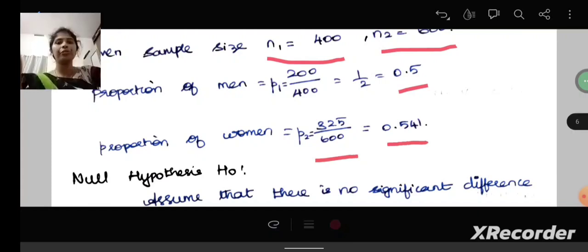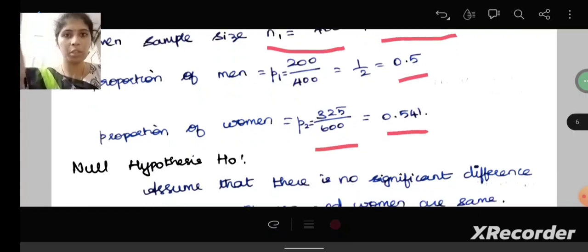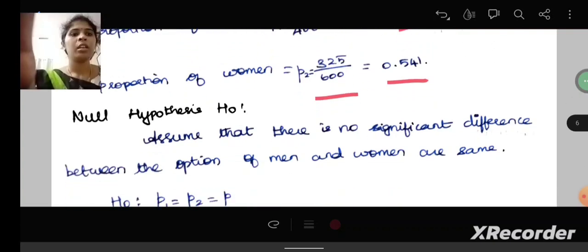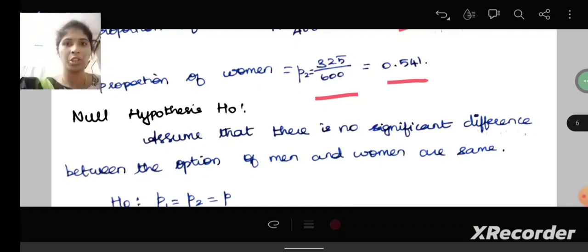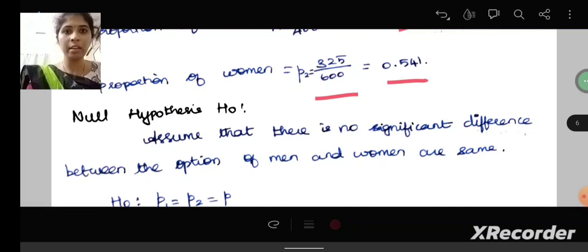Now we frame the null hypothesis as: there is no significant difference between the opinions of men and women. That is, we assume that the proportions of both women and men supporting the proposal are the same.